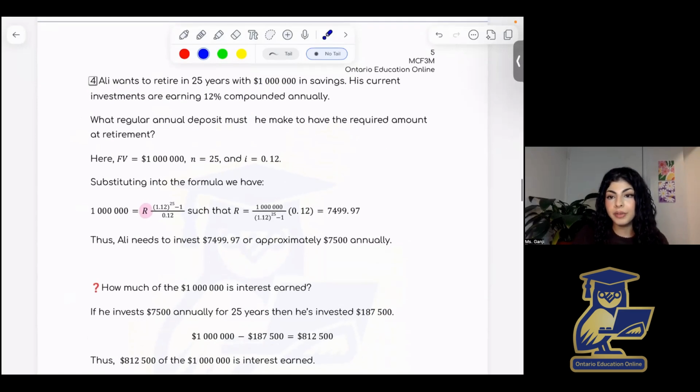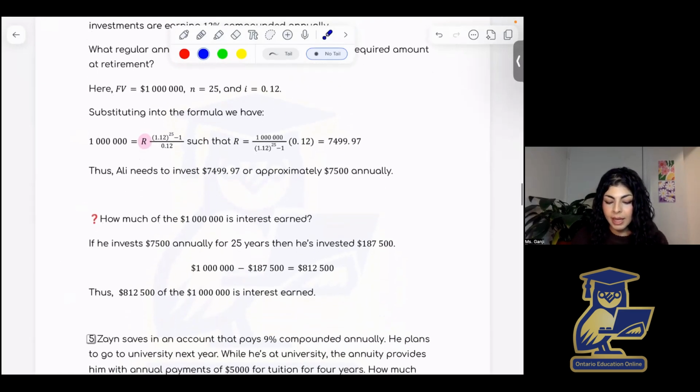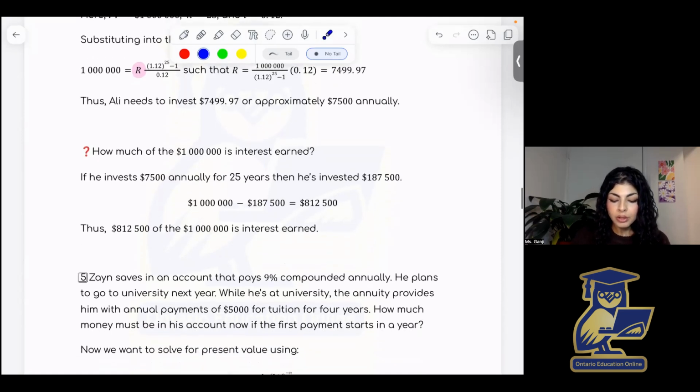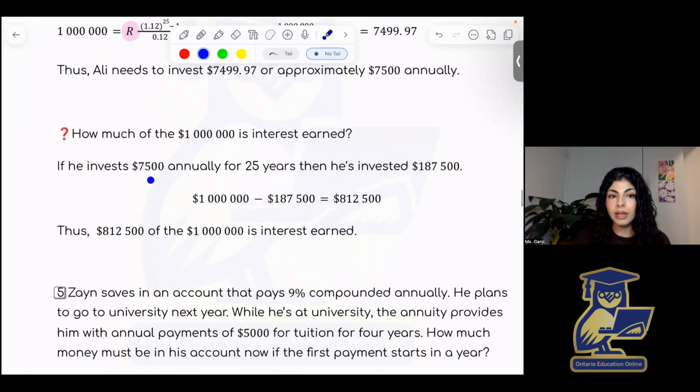after 25 years. And now here, if he's investing this much annually, how much of the $1 million is interest that was earned? So if he's investing $7,500 annually for 25 years, this is just multiplication, we get that he has invested $187,500, which means that if we subtract that from the $1 million, he has earned $812,500.